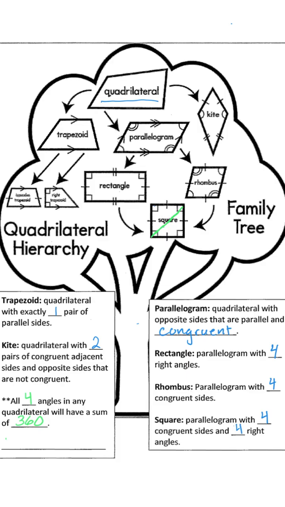So you can think of it as angle 1 plus angle 2 plus angle 3 plus angle 4 must equal 360 degrees.